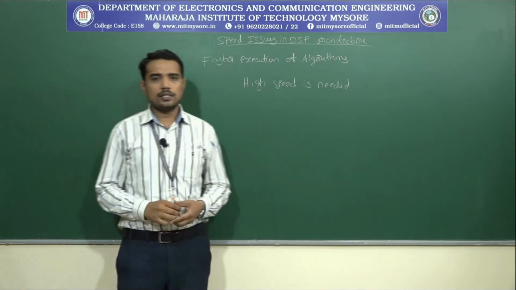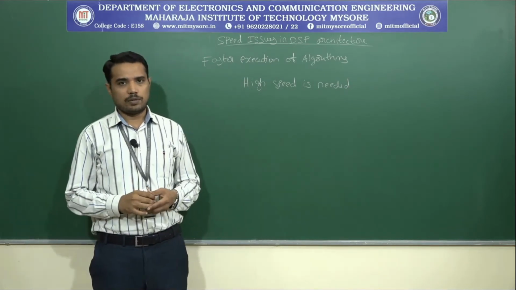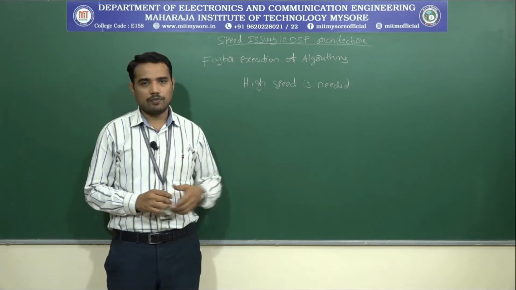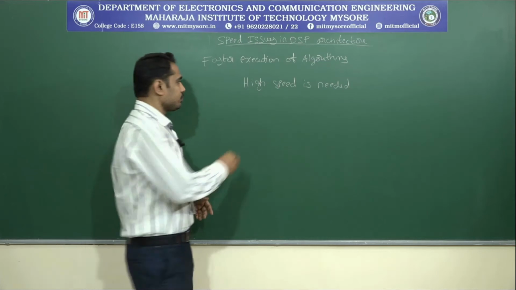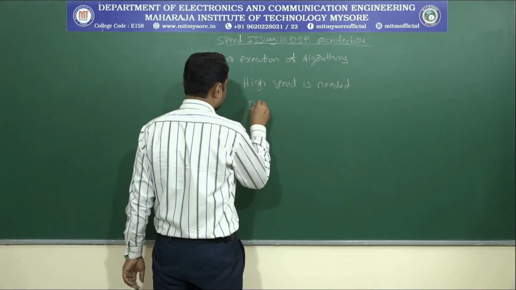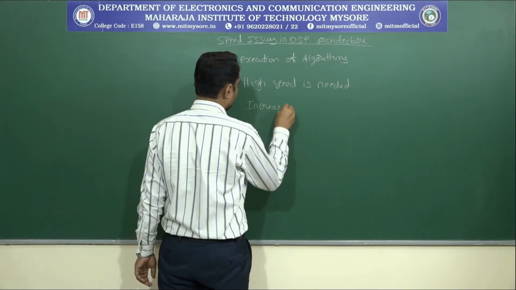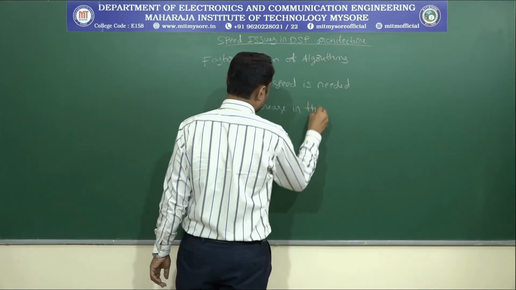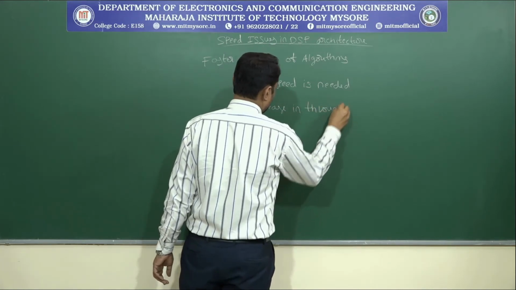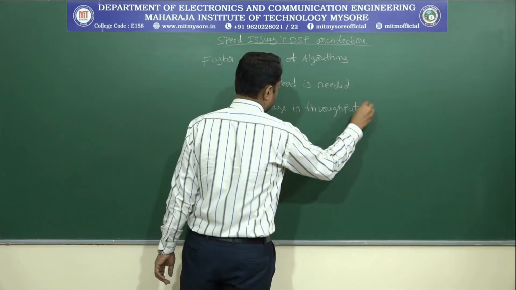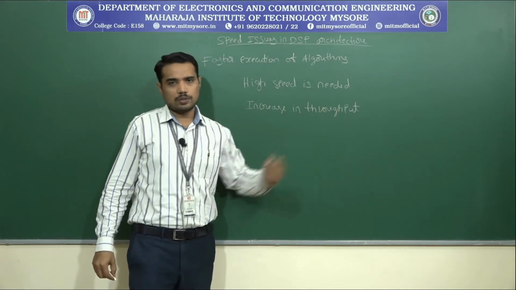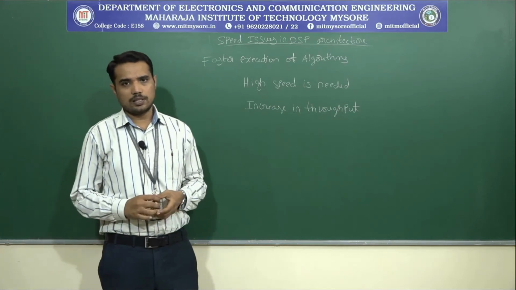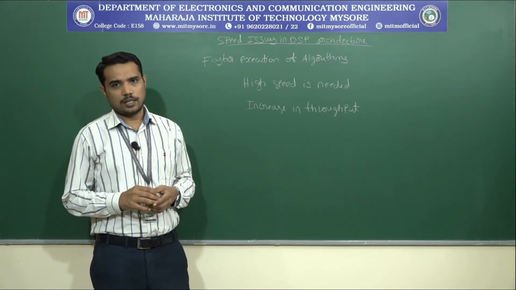Now let us see how to meet this requirement, that is, the high speed of operation that increases the throughput. What do we mean by the term throughput? Throughput refers to the number of instructions executed per unit time.